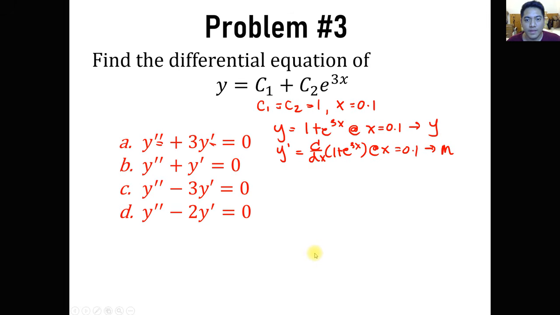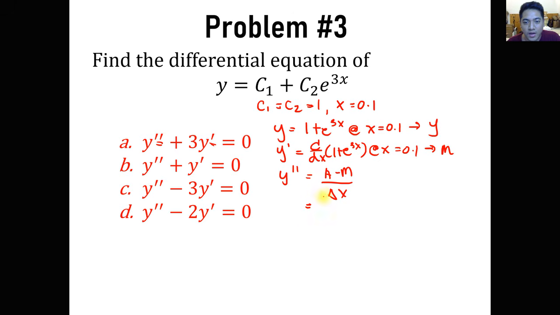So again, if we're going to get the second derivative, remember in our calculator techniques, the formula a minus m all over delta x. So in our calculator technique video, we are taught how we are going to get the second derivative by calculator techniques.